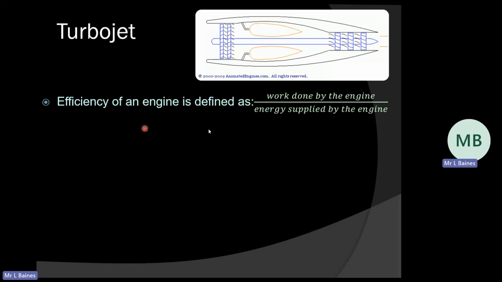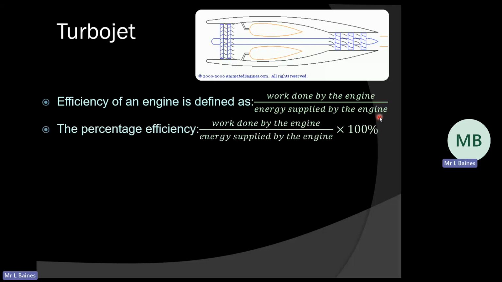If we look at efficiency, again, no real surprises here. Efficiency of an engine is defined as the work done by the engine over the energy supplied to the engine. If we want to turn that into a percentage, obviously we have to multiply that by 100. Now, here's where we link this idea together, because these efficiency equations won't be a particular surprise to you. Now we're going to link in what we've just learned about heat engines.